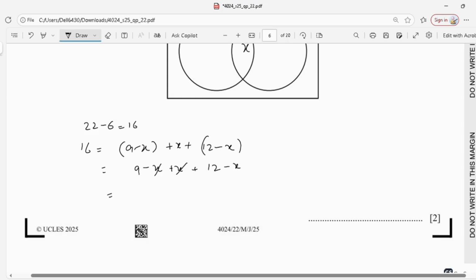So 9 plus 12 will be 21 minus x, equals 16. 16 minus 21 is equal to minus x, that is minus 5 is equal to minus x. These both minus will be cancelled. x is equal to 5. The number of students who play both the piano and guitar is 5.